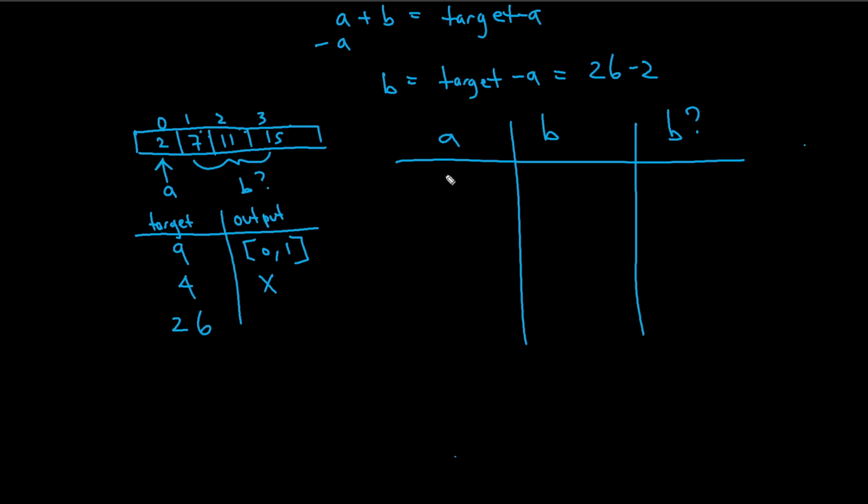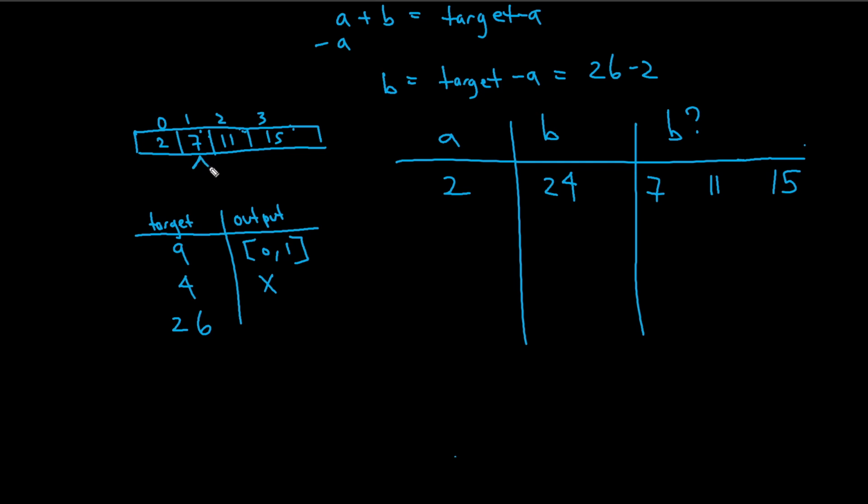A is equal to 2, B is equal to 24, and we need to look for B among the three elements 7, 11, and 15. So since B is not equal to 7, 11, or 15, then we need to move A over and start over.